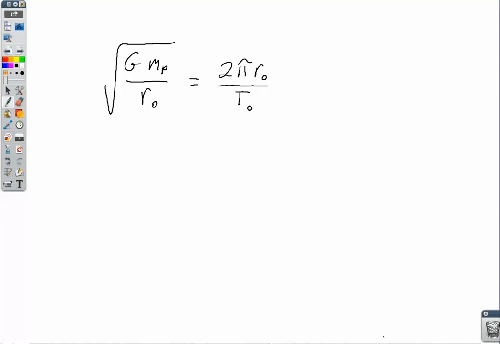Okay, so here we have it. So we set the square root of G M planet over r orbit, that was the orbital velocity, equal to the other equation for orbital velocity, 2 pi r over the period. And let's do some cleaning up here. So we're going to square both sides to get rid of that square root. So big G, mass of the planet, over the orbital radius.